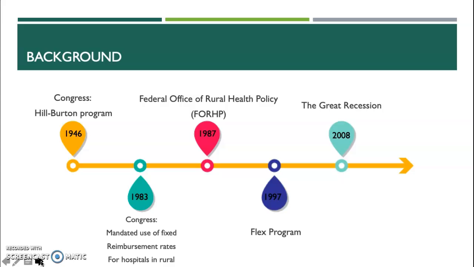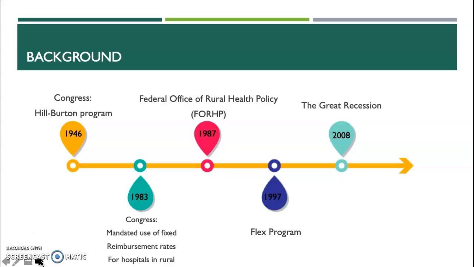In 1987, the Federal Office of Rural Health Policy was established to advise Health and Human Services on the effect that federal healthcare policies and regulations have on the financial viability of small rural hospitals and access to healthcare in rural areas.